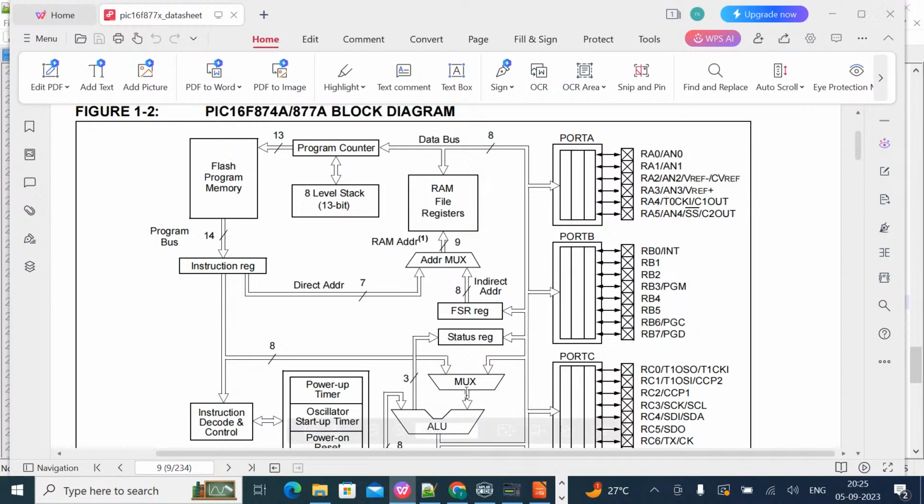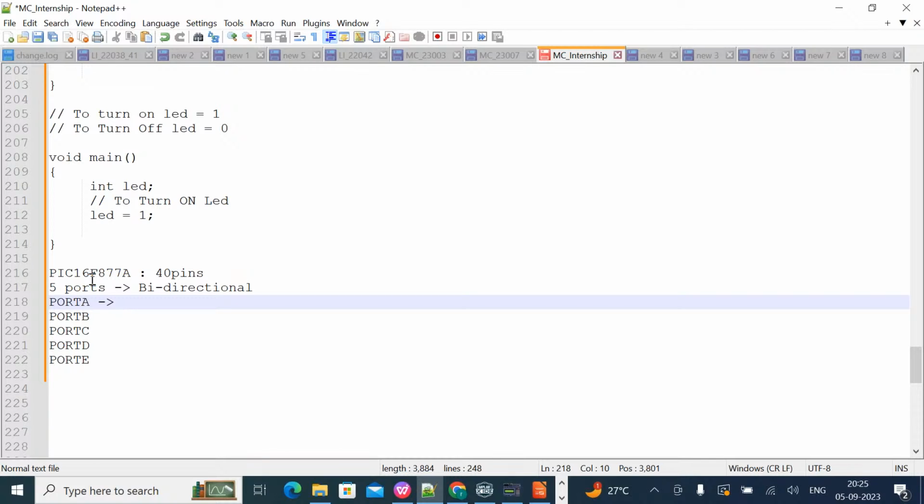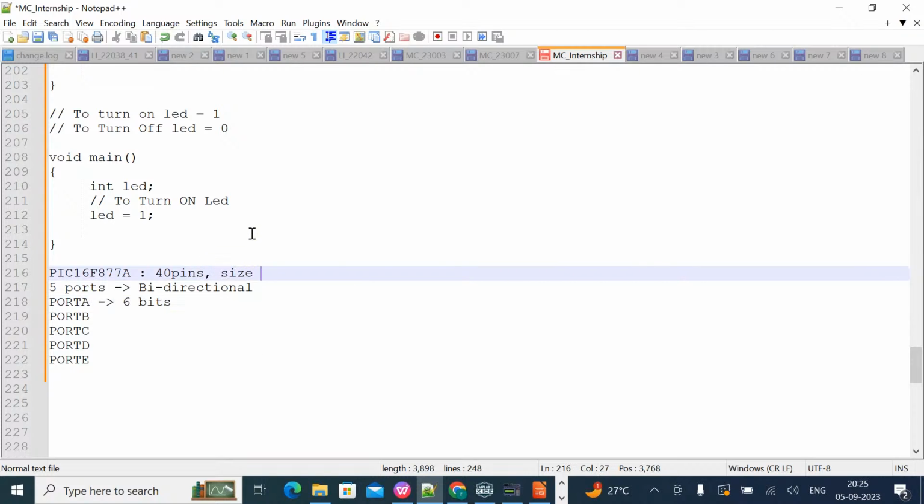Actually, people, ports are also registers. The size of the port register, or the maximum size of any register, depends upon the size of the microcontroller. So do you know how much is the size of your microcontroller?